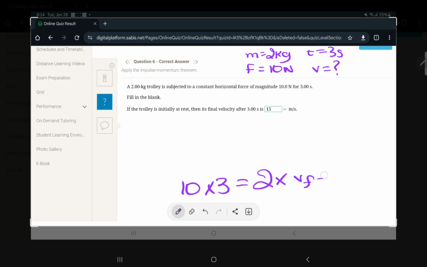It's V final minus V initial. V initial is 0 since it's at rest. So anything minus 0 is that number. So now we're left with 2 times V final. So 30 is equal to 2 VF, and VF is equal to 15, because 30 divided by 2.